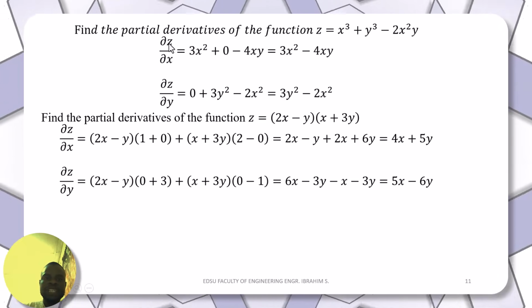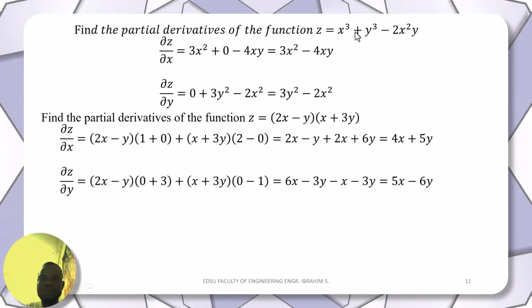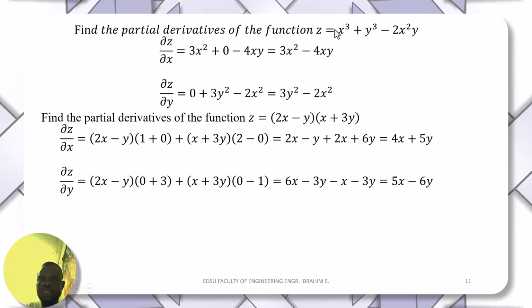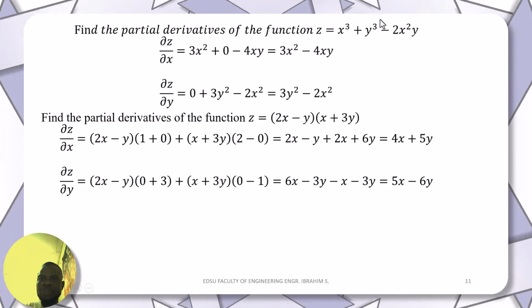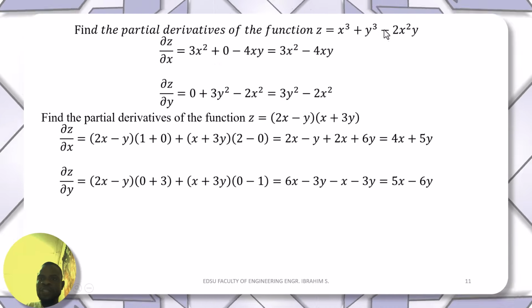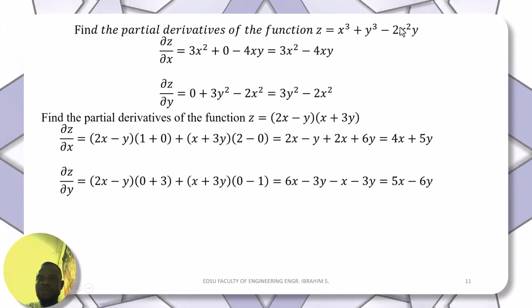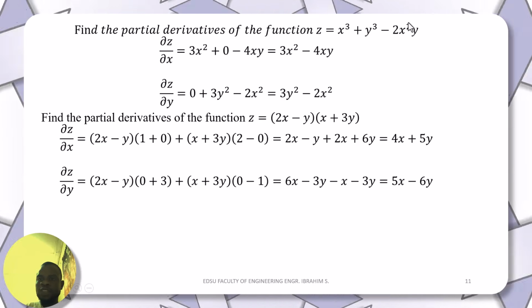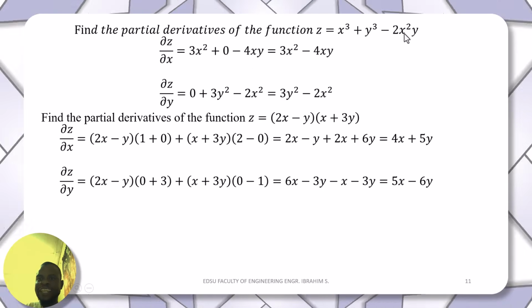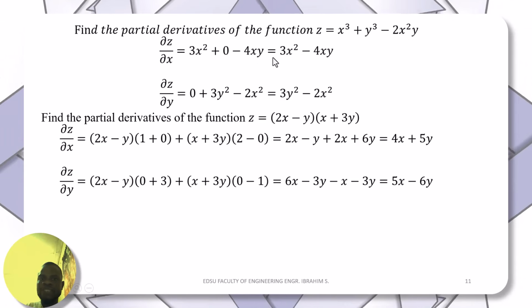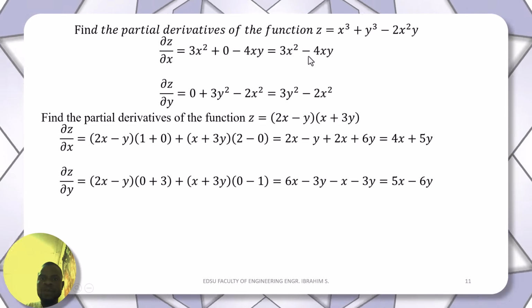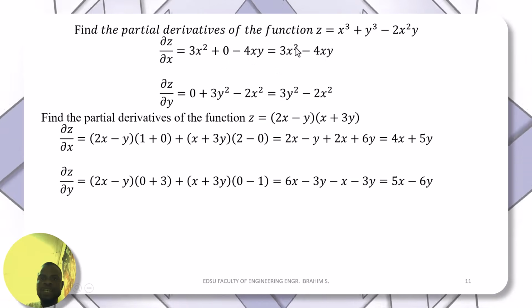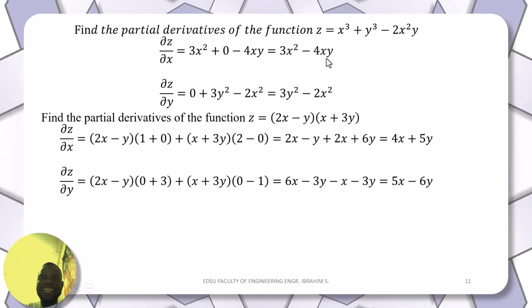So we have the partial derivative of z with respect to x. Differentiating this with respect to x, this will give me 3x squared, this will give me 0, then here the minus remains, and this one will give me 4xy. So removing my 0, I have 3x squared minus 4xy.